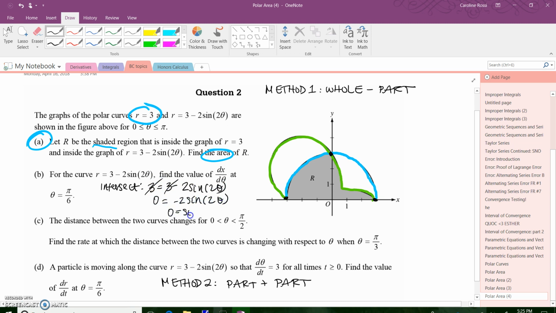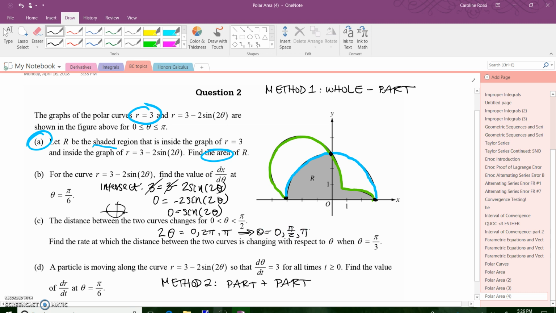So 0 equals sine of 2 theta. And you want to find where theta equals 0. That would be 0, pi, 2 pi, etc. So that means that if you divide by 2, theta would be 0, pi over 2, and pi.